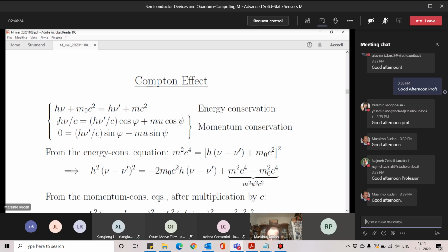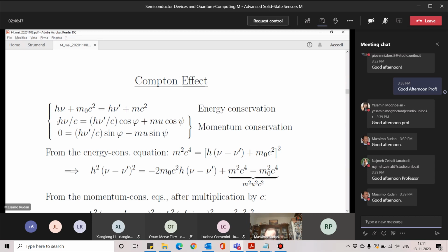So if the electron initially is not moving, the kinetic energy is zero, and when the interaction is finished, the electron has suffered the collision and is moving, so the electron has some kinetic energy. On the other hand, the total kinetic energy of the two particles is conserved.